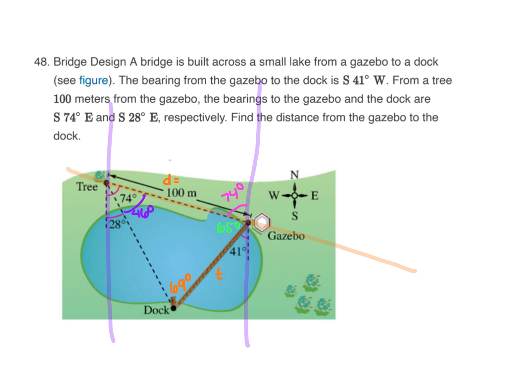So we can use the law of sines, and what we want to find is T here, and we know the tree, so I'm just calling that capital T for our angle.